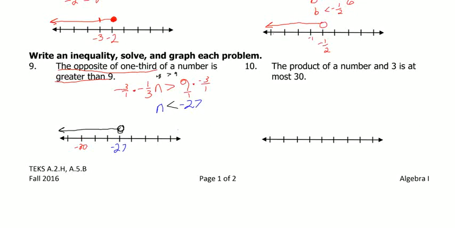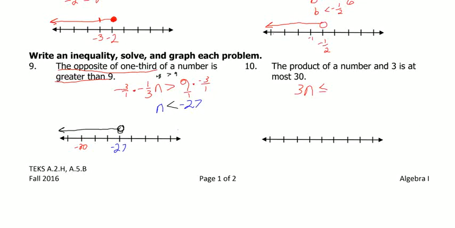The product of a number and 3 is at most 30. The product of a number n and 3 is at most. So that means that it's going to be less than or equal to 30.